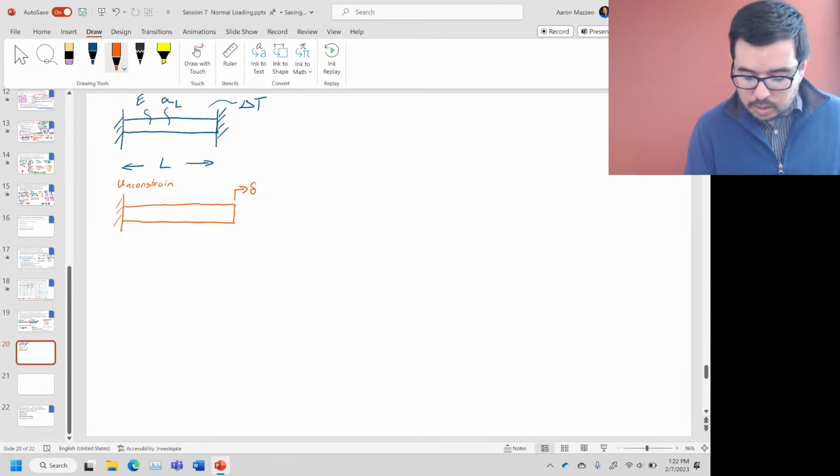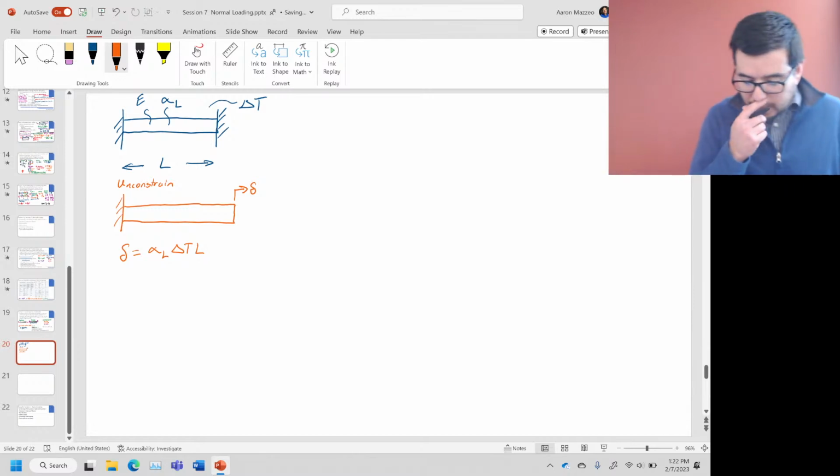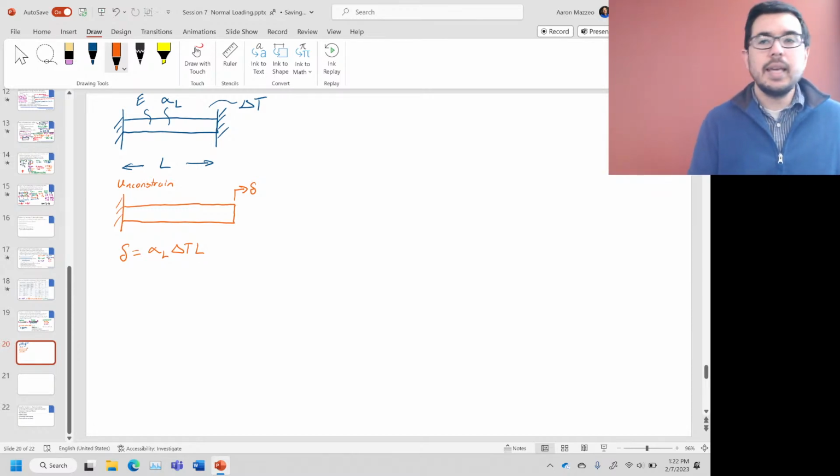We know that extension, that delta, is just going to be the alpha L delta T times the initial length. But since it's constrained, it can't really do that. It can't just extend. So what are we going to do?